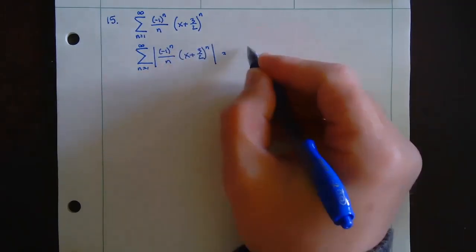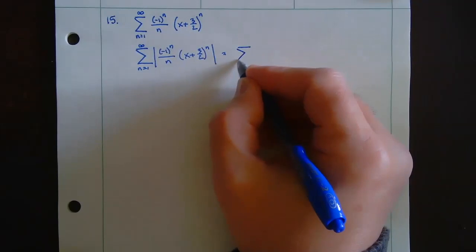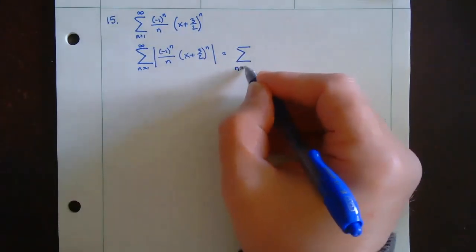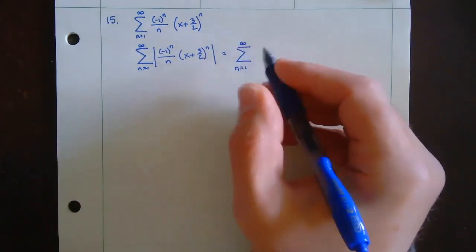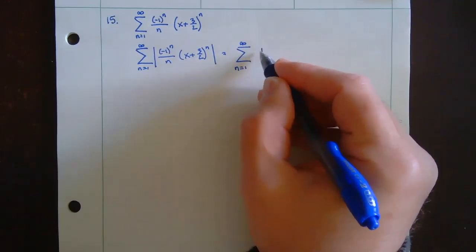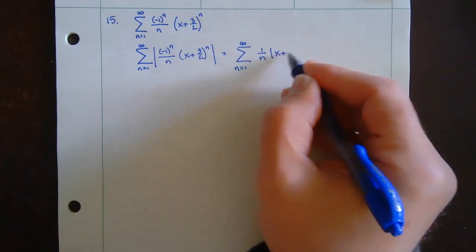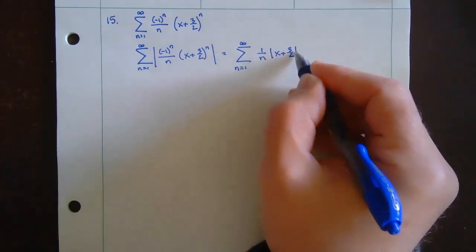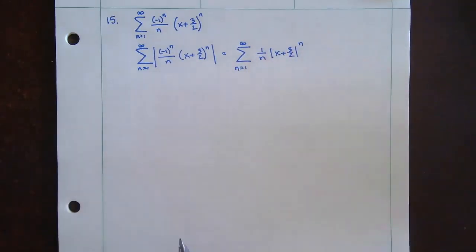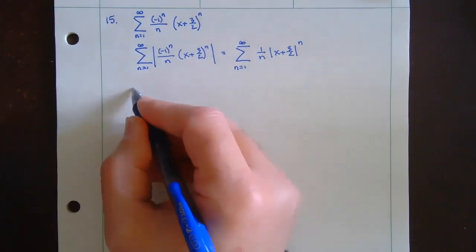So this becomes the sum from n equals 1 to infinity of 1 over n times the absolute value of (x plus 3)/2 raised to the n power. We're going to do the ratio test on this.